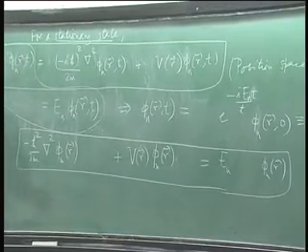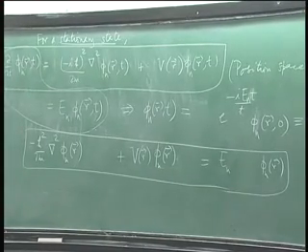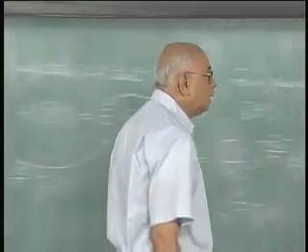It is still a partial differential equation, but at least you got rid of the t. And of course if you work in one space dimension, it is an ordinary differential equation. This thing here is called the time independent Schrodinger equation.